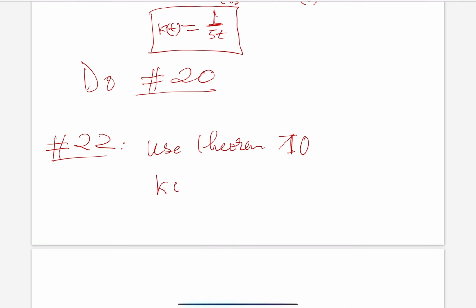The formula is K is the norm of the cross product of the second derivative of the vector function divided by the length of the first derivative of the vector function, to the third.